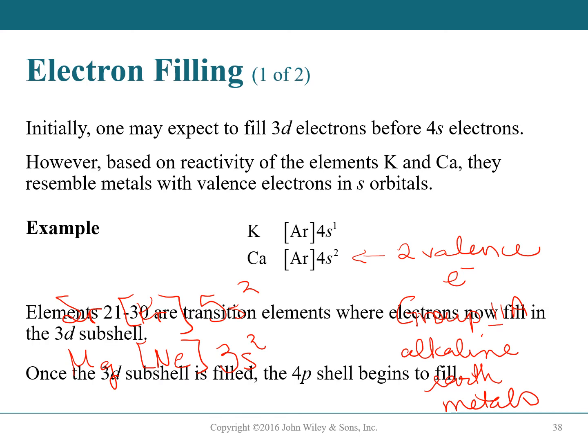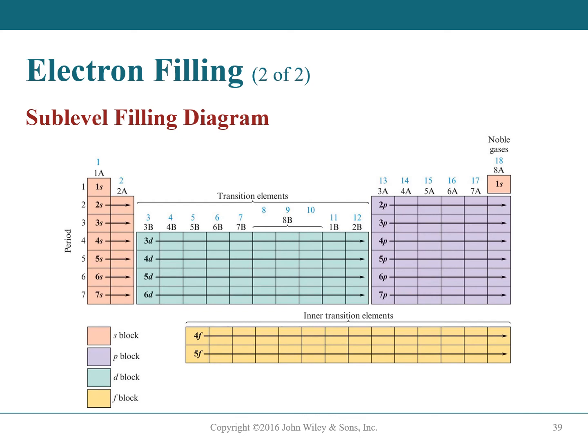Okay. So as we see, in group 1A, they're all s1. In group 2A, they all end in s2. Okay, so that's why this block right here is called the S block, because I'm ending in the s's.